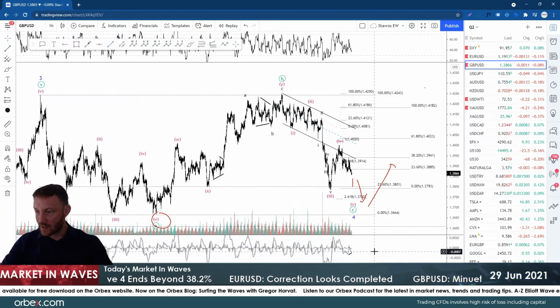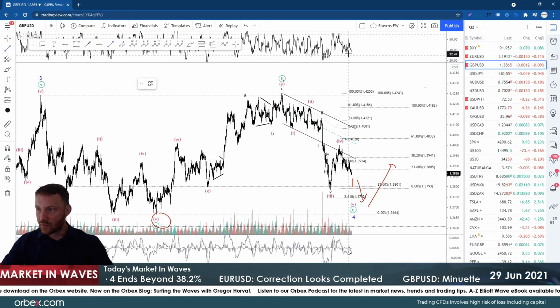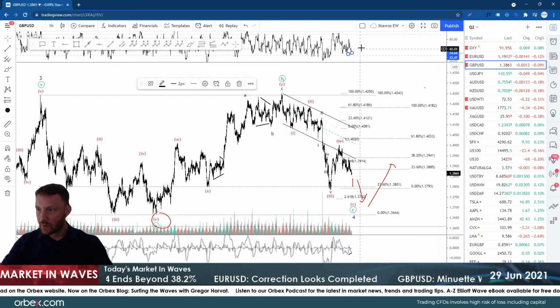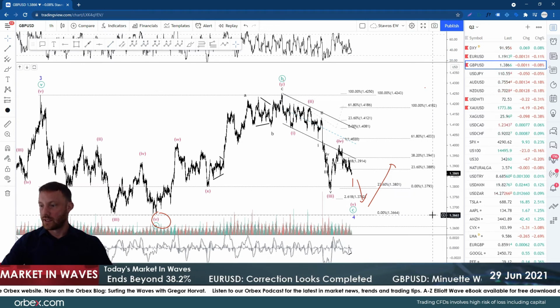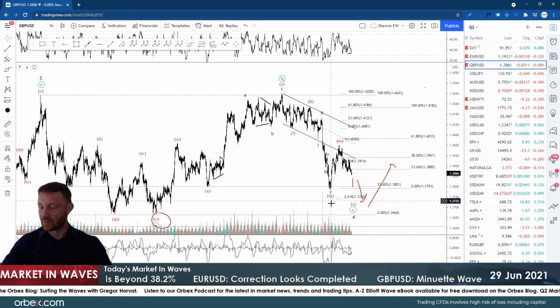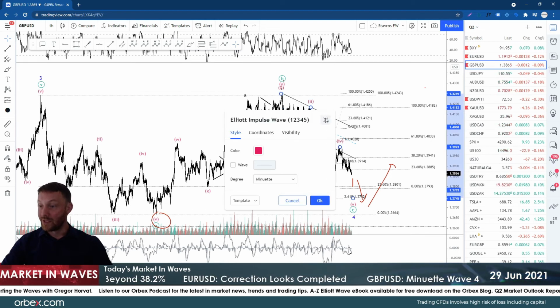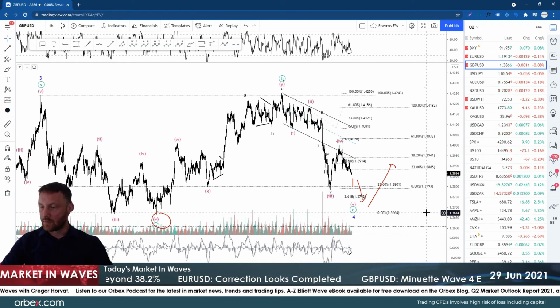Very, very small though. So we'll see if that comes into fruition as well, and see what the possibilities are for a bounce to the upside. But as I say, we have to get past this wave 3 first of the minuette degree, and we'll see what the opportunities are there.